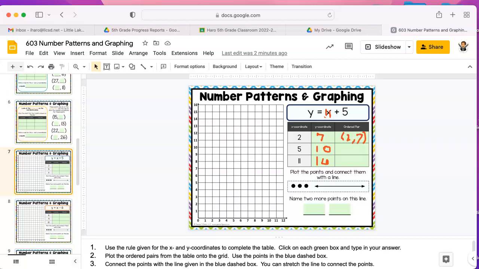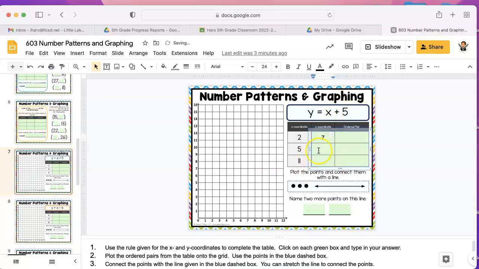Okay. But you know what? I'm going to exit drawing. I'm just going to go ahead and type them in because that's what you're going to do. 7, 10, 16. Okay. And then we go ahead and inside of our parentheses, we are going to put in our numbers.